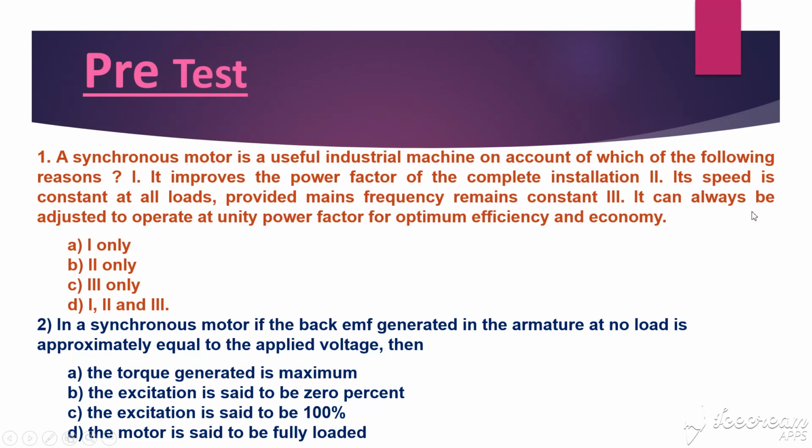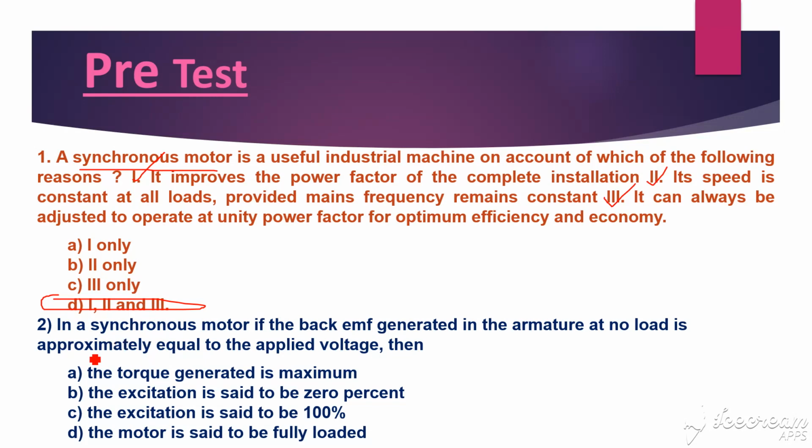And third, it can always be adjusted to operate at unity power factor for optimum efficiency and frequency. So corresponding to the synchronous motor, all three statements are correct. So the correct answer for this question is option D.